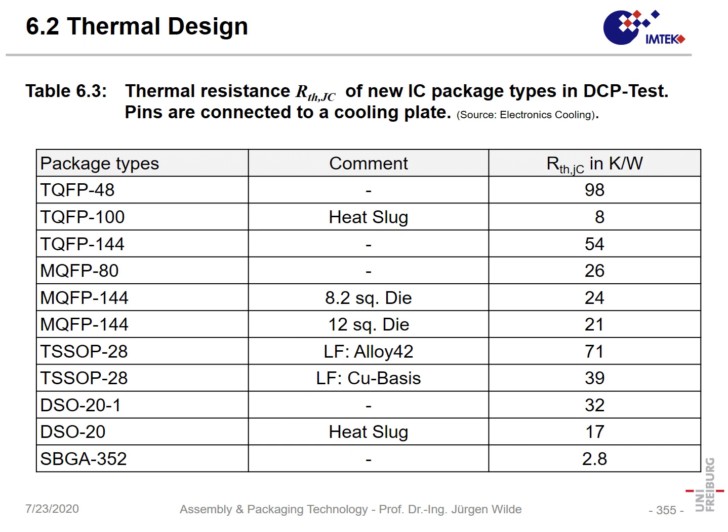If you want to have a device which has a very low thermal resistance, for instance, you could take a BGA, which has 352 IOs. And for instance, here we have a thermal resistance of only roughly 3 Kelvin per watt.